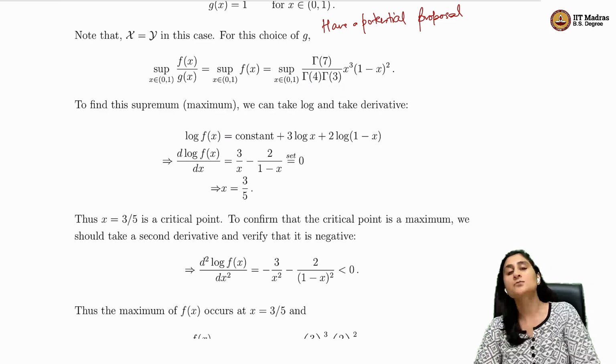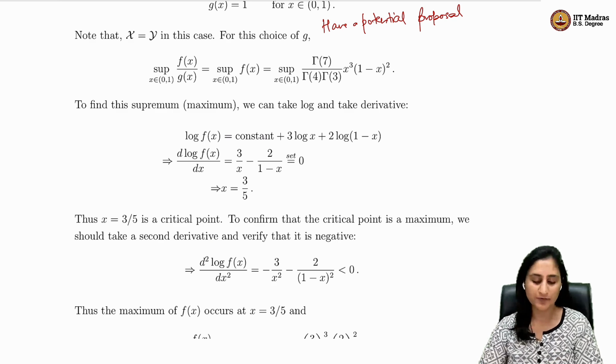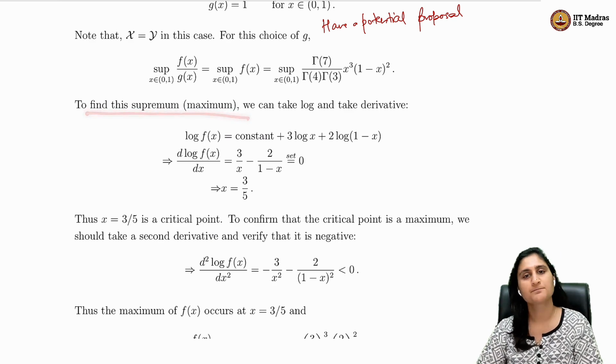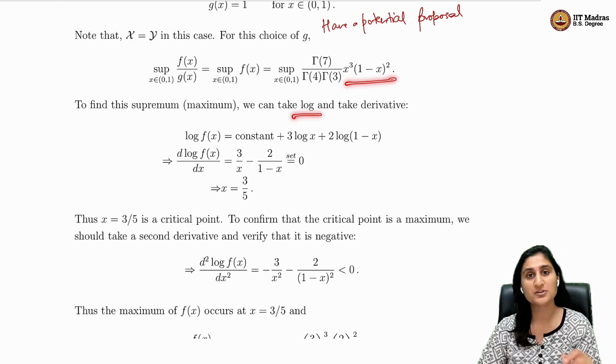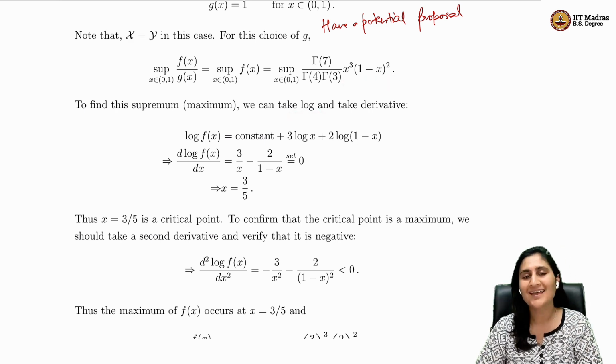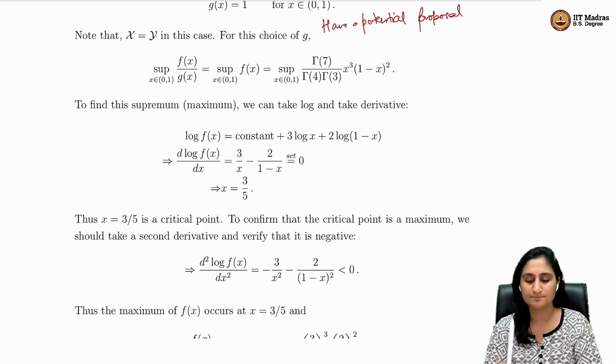Now, the following is a trick we'll be using very, very often in this course: if we want to find a supremum or a maximum, then instead of finding the maximum of this function, we can take the log of the function and find the value of x that maximizes the log.